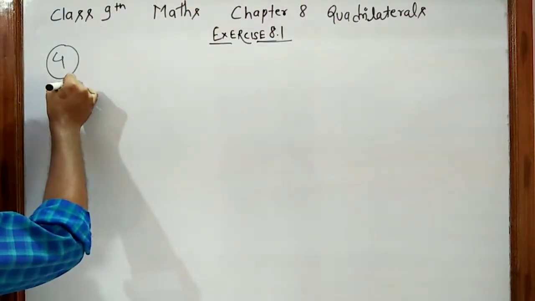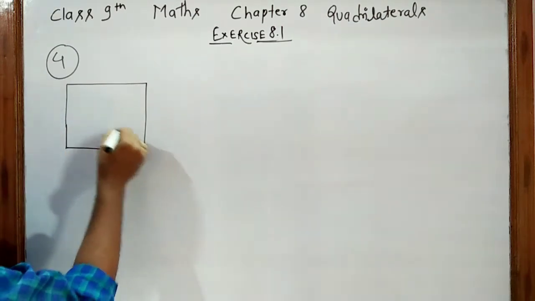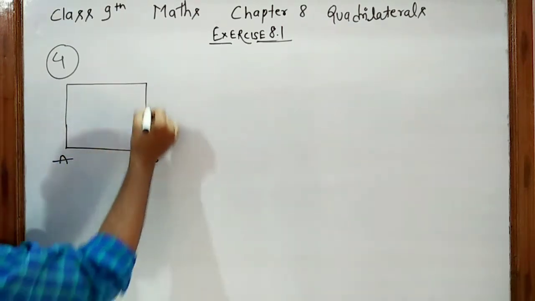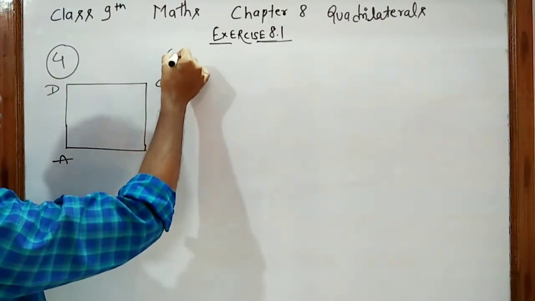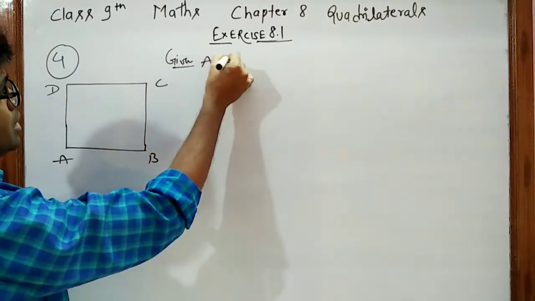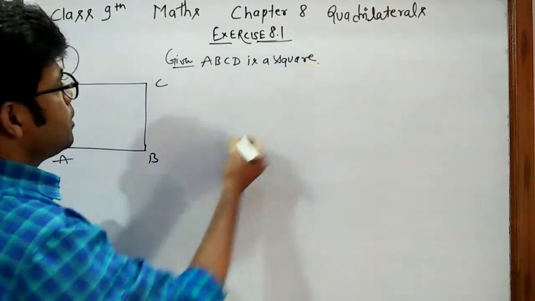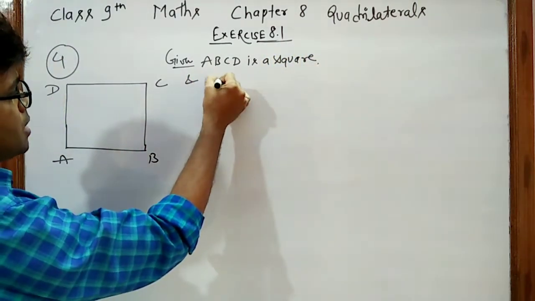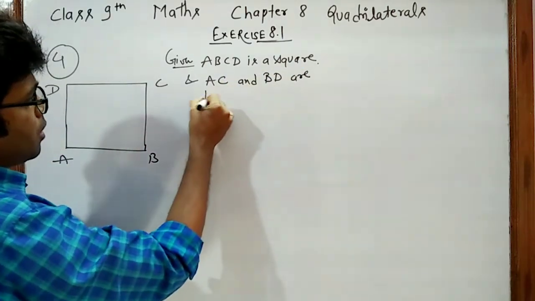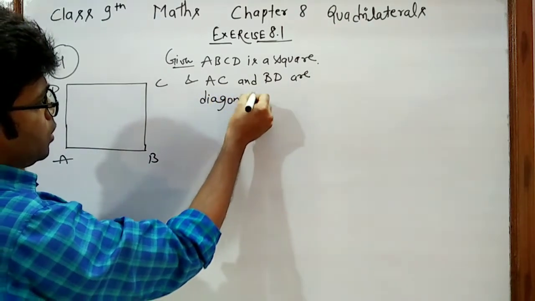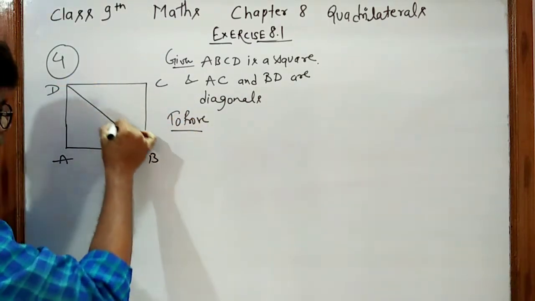Here I will draw a square ABCD. Given that ABCD is a square, and AC and BD are diagonals. To prove, we have to prove many things here.